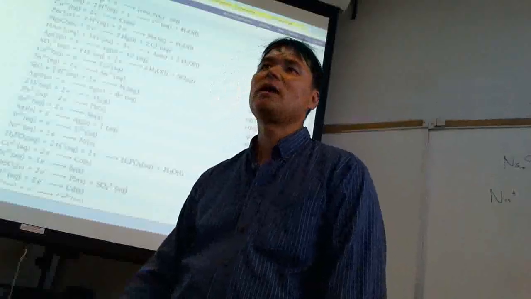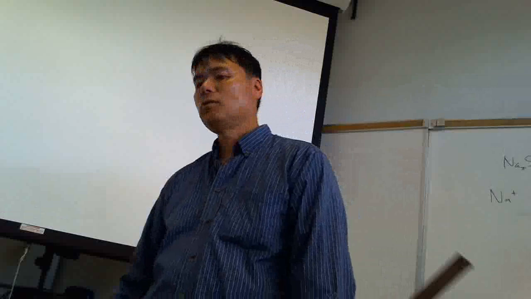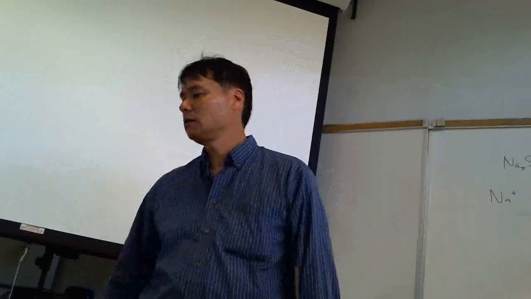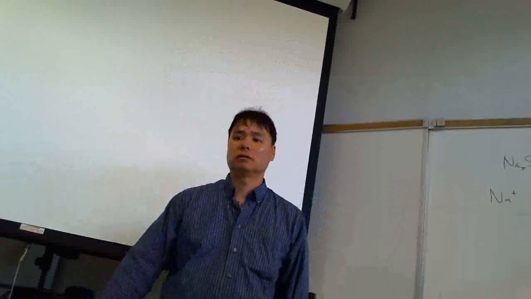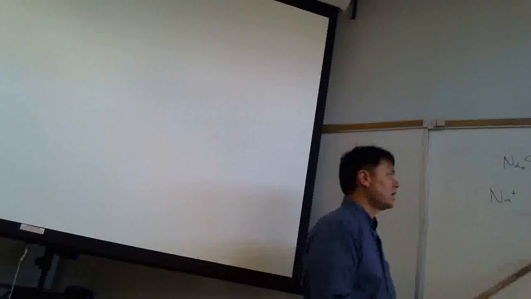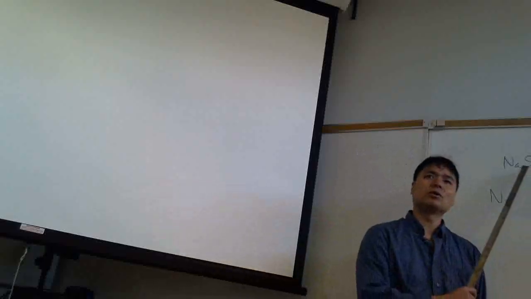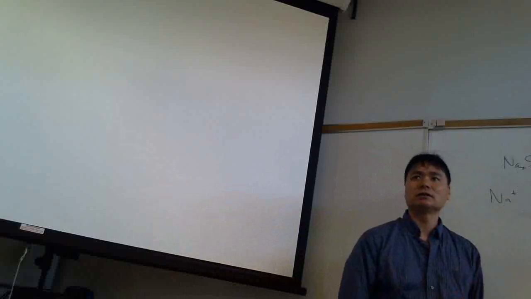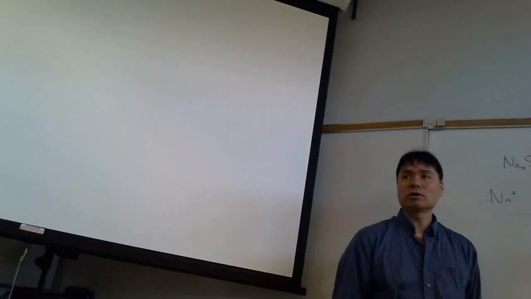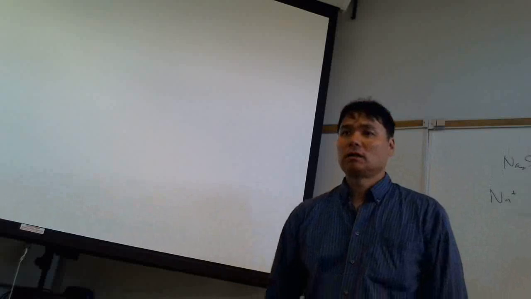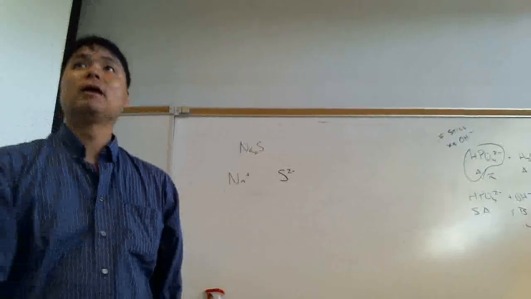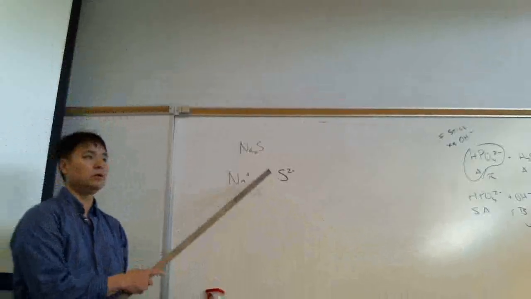So for example, oxide. What should oxide be? Well, oxide is likely to be a reducer. Will oxide be a better reducer or a worse reducer than sulfide? A worse. Why? Because it's smaller. A smaller species is going to be harder to pull the electrons off, right? And so oxide is going to be worse.